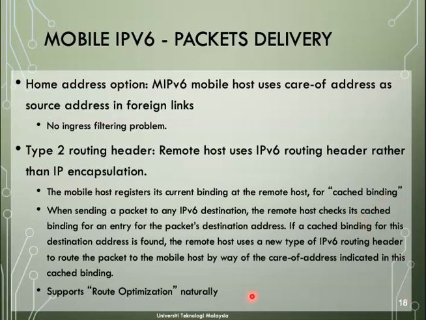Routing packets directly to the mobile node's care of address allows the shortest communications path to be used. And it also eliminates any congestion at the mobile node's home agent and also the home link. If you remember, for mobile IPv4, all the packets have to be intercepted at the mobile host's home agent.